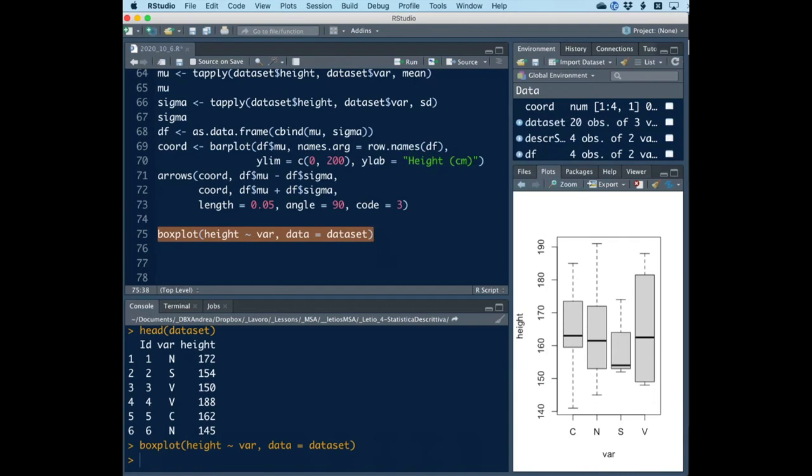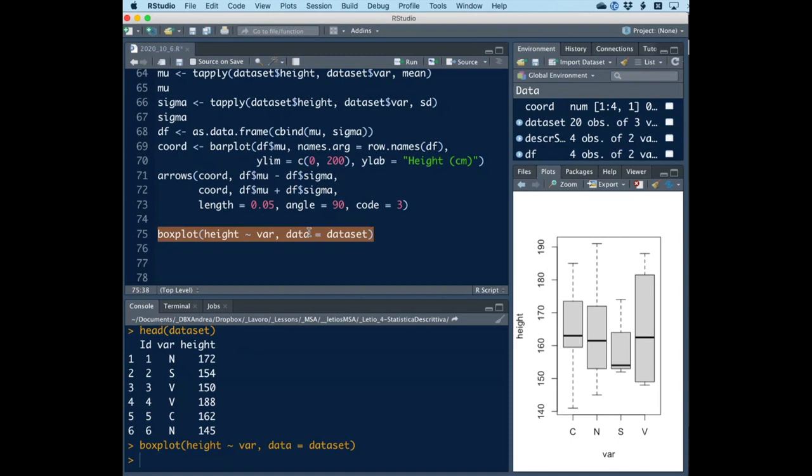So what we are telling R is, please make a box whiskers plot by using the height as a function of the genotype, which is coded as var. Look, the second thing to pay attention to is that we used height and var without the dollar sign. So we are not telling R where these two vectors are located. But note that I have used the further argument, which is data, and I told R, look for the variables inside the data set.